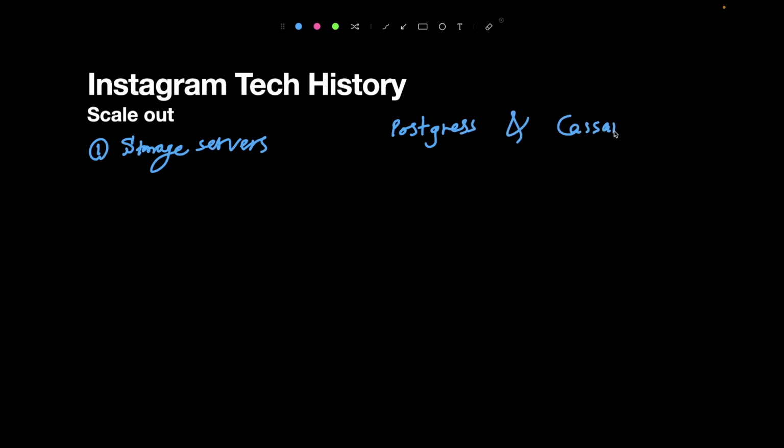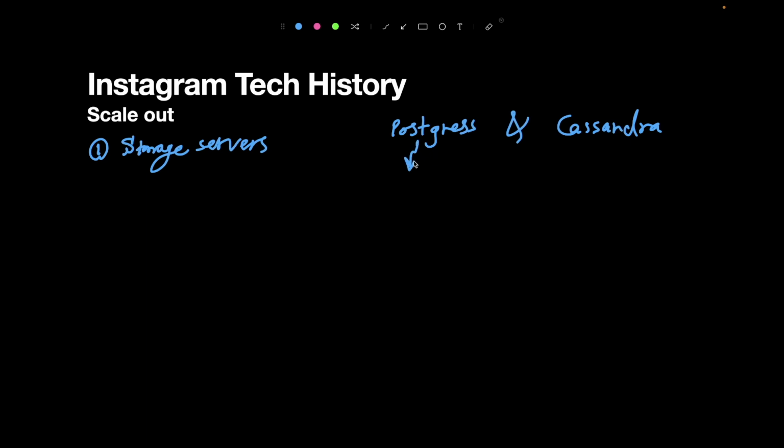There are two kinds of services or servers utilized by Instagram. The first category is storage servers, which are used to store global data that needs to be consistent across multiple data centers with replication. They use Postgres and Cassandra for different types of data.